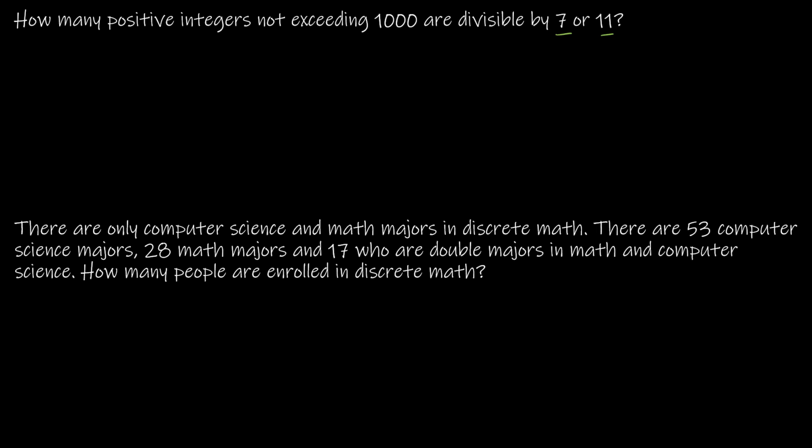So obviously I don't want to list all of the numbers from 1 to 1,000. So instead what I can do is I can say let A be the set divisible by 7 and B divisible by 11. And if I take 1,000 divided by 7 and then I do the floor function, it is going to give me whatever the value is rounded to the lowest integer.